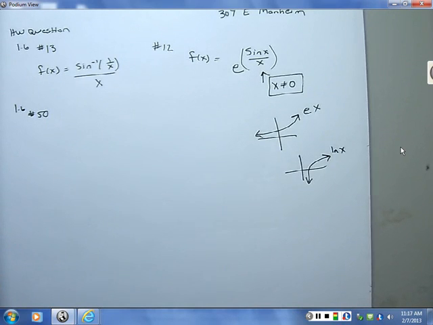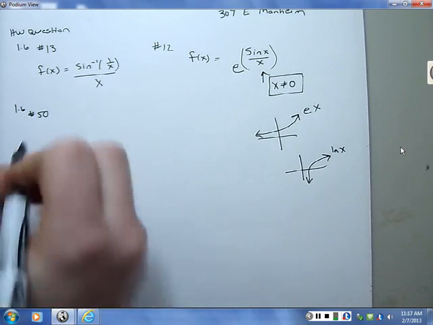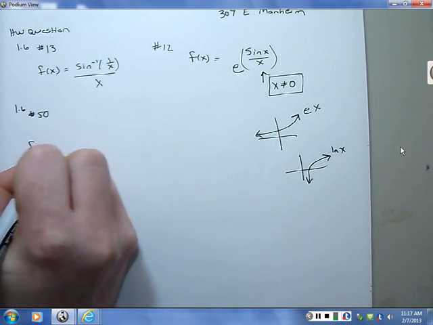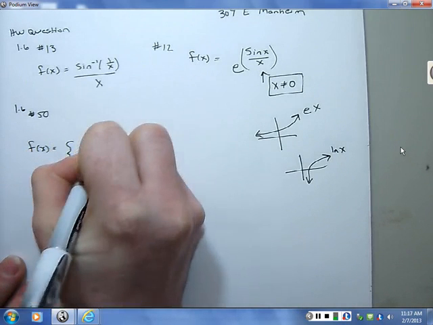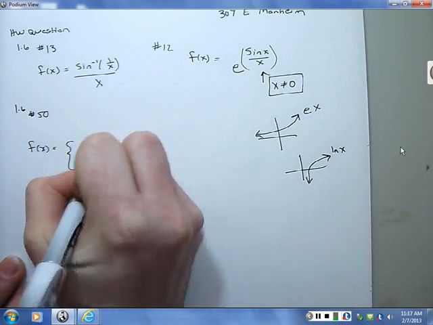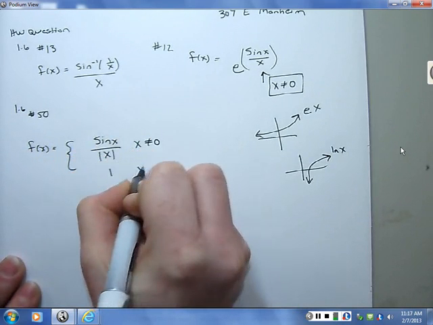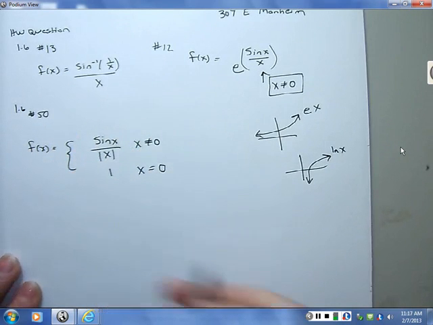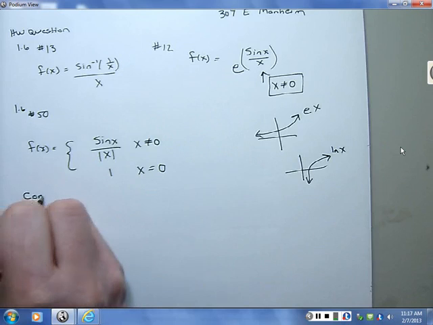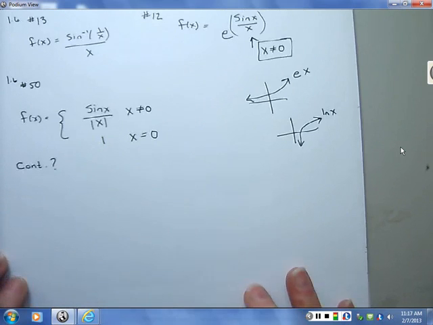So we're asking if this function is continuous. We have this piecewise defined function, defined as sine of x over the absolute value of x if x does not equal 0, and 1 if x equals 0. Is this function continuous? What do we need for continuity?